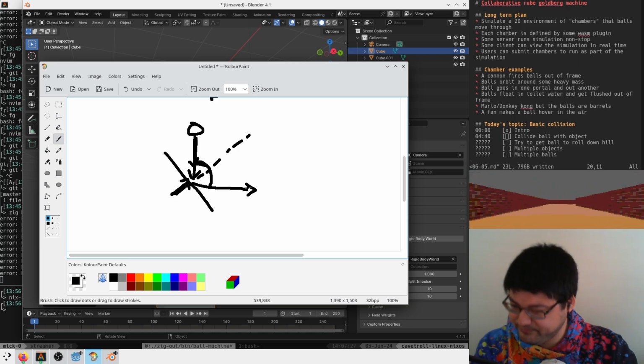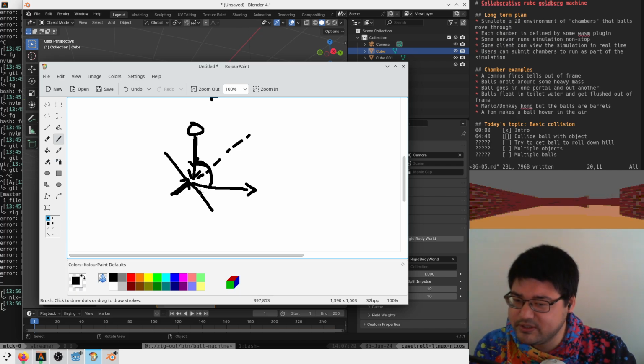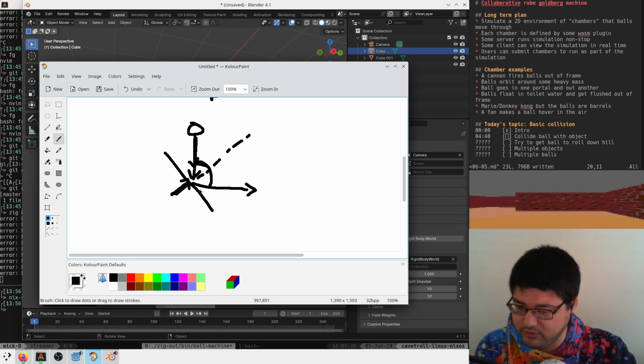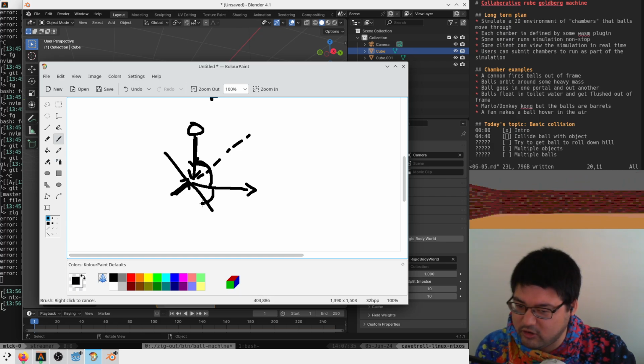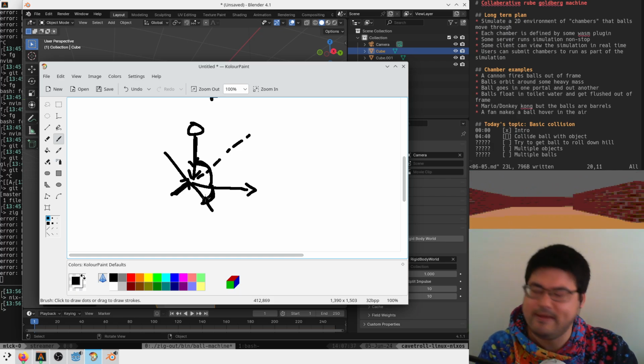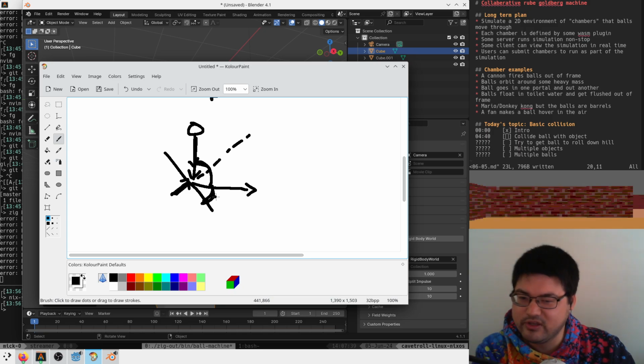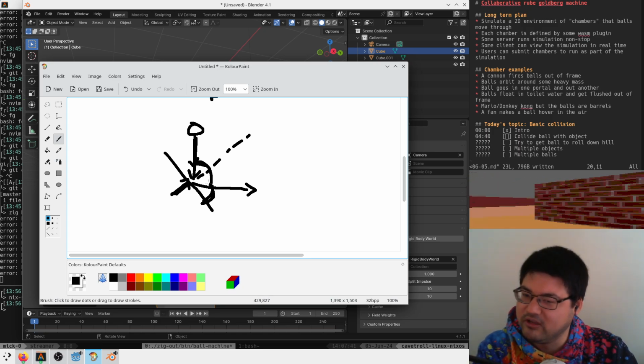I think that if we lose some energy due to elasticity, this angle shrinks. That's my guess. People on stream yesterday were saying that the angle that comes in should be the angle that goes out, but I don't believe that.